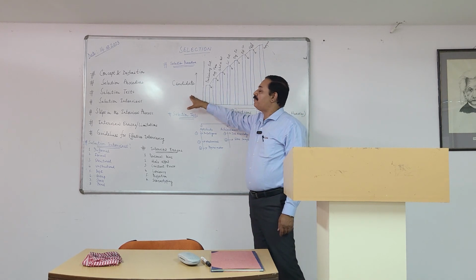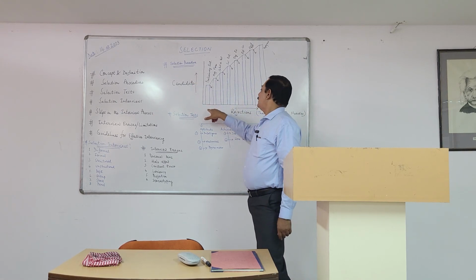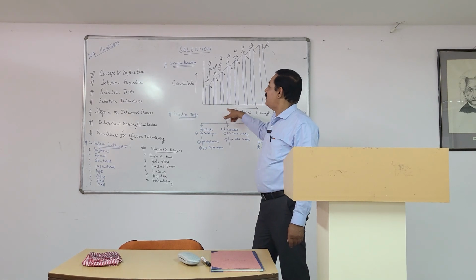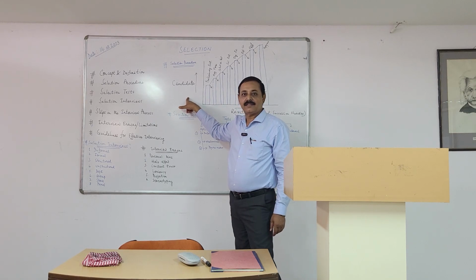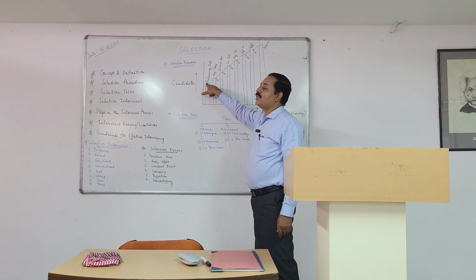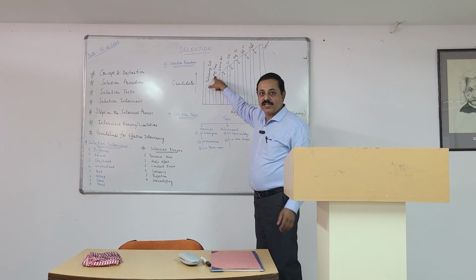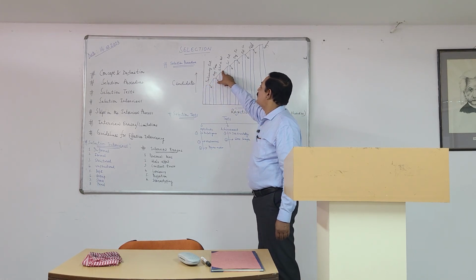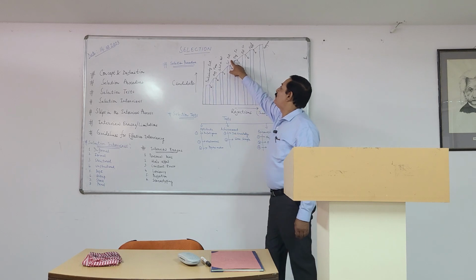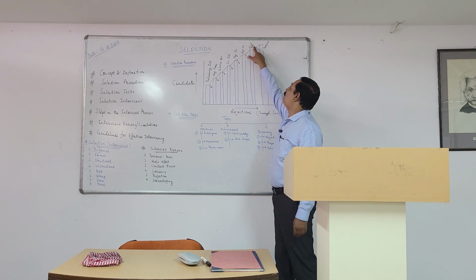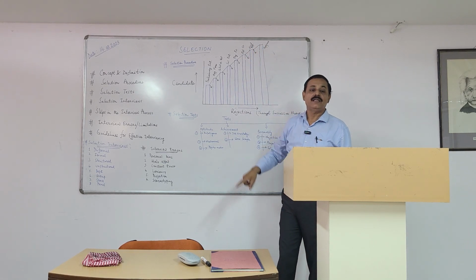And here in this graph, you can find in the x-axis, it is shown as the rejection, and in the y-axis, the candidates. Right from here, which is the preliminary interview, thereafter the next step is filling in the application form, then comes the selection test, selection interview, physical examination, reference check, final approval, and finally the employment.